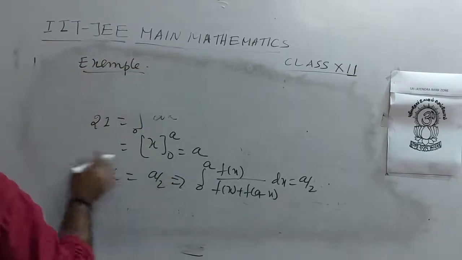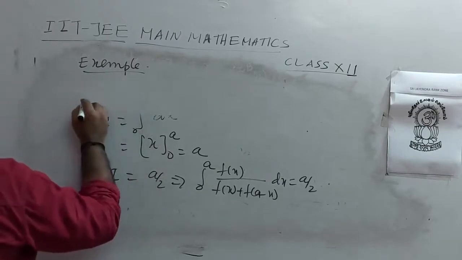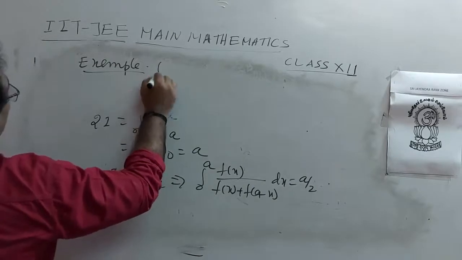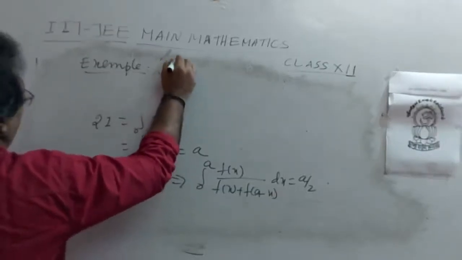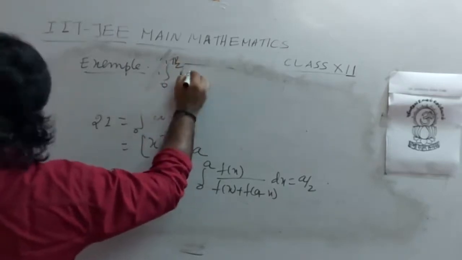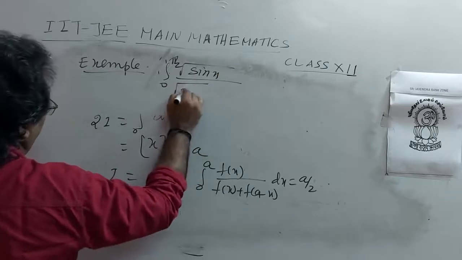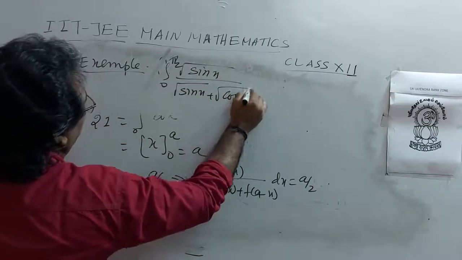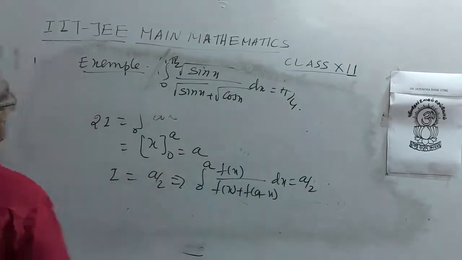Example to use this deduction: integral 0 to pi by 2 root of sin x by root sin x plus root cos x dx equal to pi by 4.